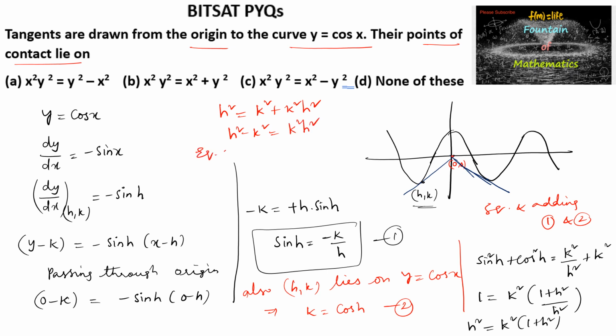Hence the equation of locus, substituting x and y in place of h and k, we can write x square minus y square is equal to x square y square, which is our option C. So option C is the answer.